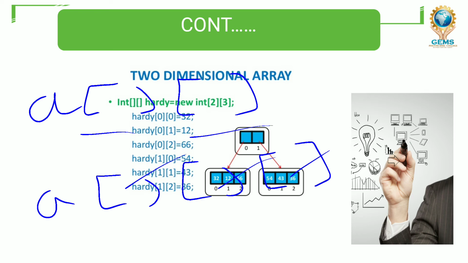One-dimensional means one row or one vertical line. Two-dimensional means definitely one row and one column will be there. And multi-dimensional means more than one column and one row.